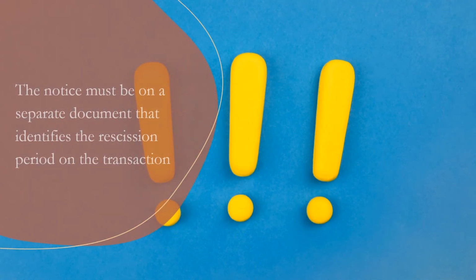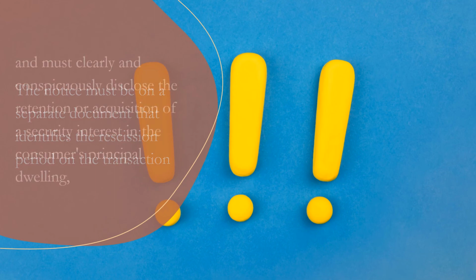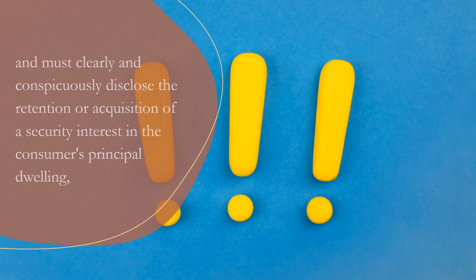The notice must be on a separate document that identifies the rescission period on the transaction and must clearly and conspicuously disclose the retention or acquisition of a security interest in the consumer's principal dwelling.